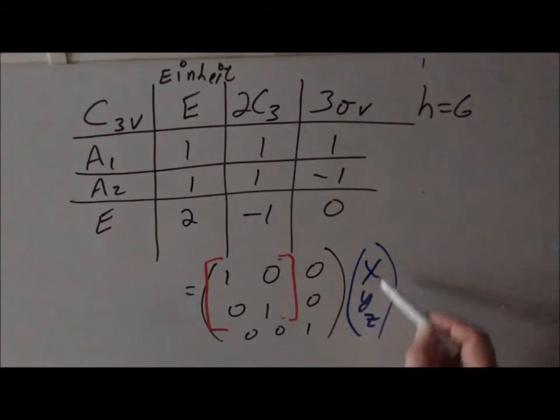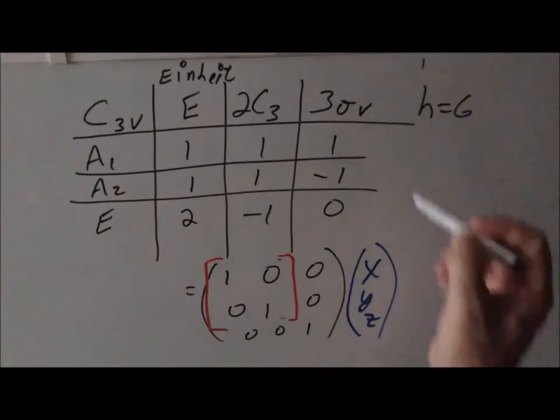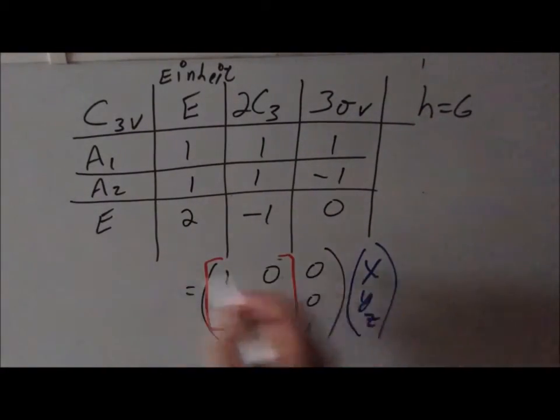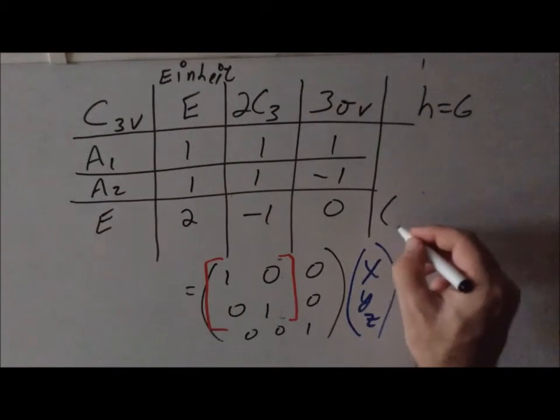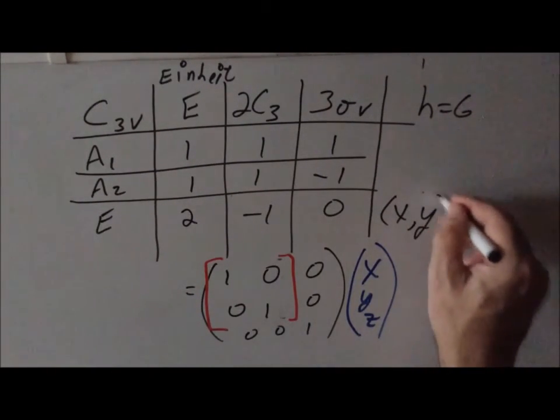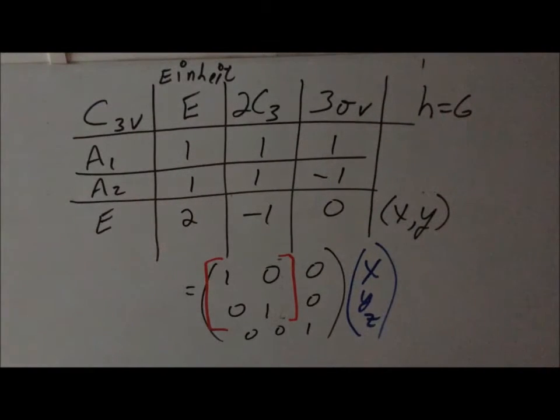One of the things that I haven't included before is, if we look at the basis functions for this particular irreducible representation, I see this notation of parentheses x comma y parentheses. Now that looks quite a bit like how we write an ordered pair in two-dimensional Cartesian coordinates. We would often write it that way. That's not what it means.